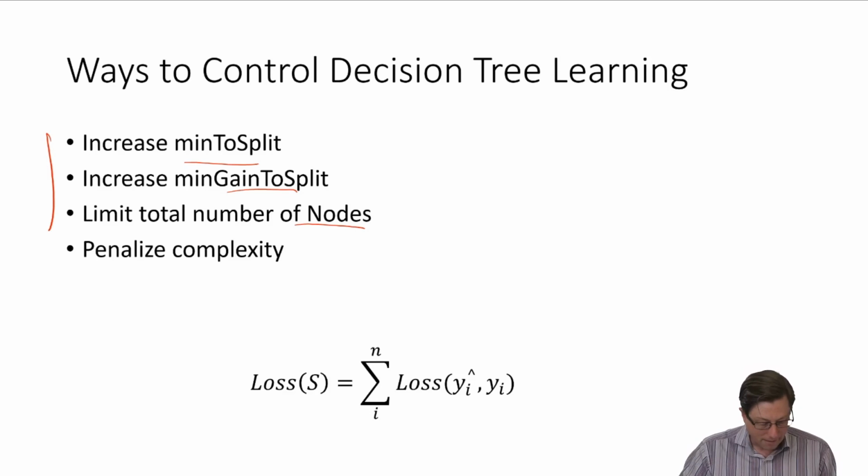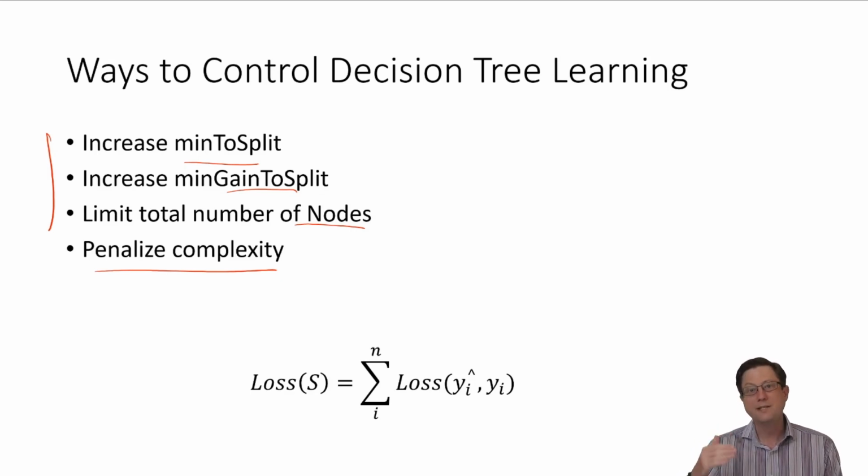But another way to think about it is that you could say, as I allow more structure into my model, I'm increasing the risk that I'm going to overfit. And so I'd like to add a penalty to the loss. I'd like to add my inductive bias into this loss to say, don't learn something too complicated. Occam's razor. Remember we talked about that? One simple way you could do it is just add this parameter to the loss.